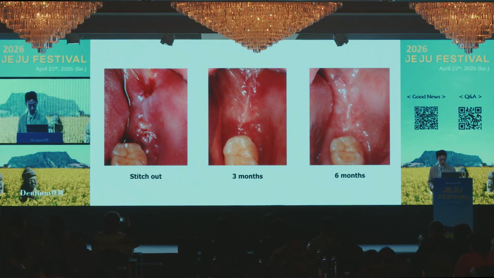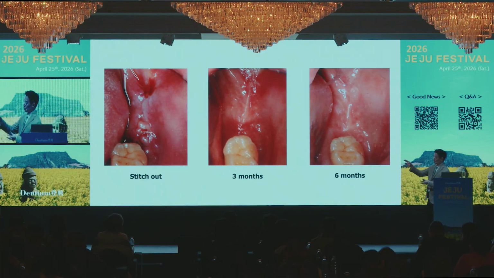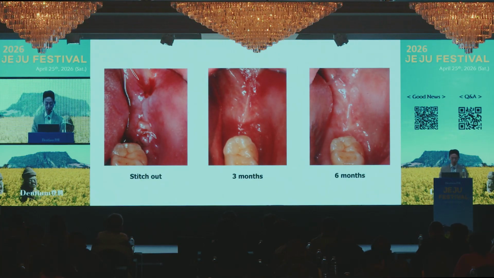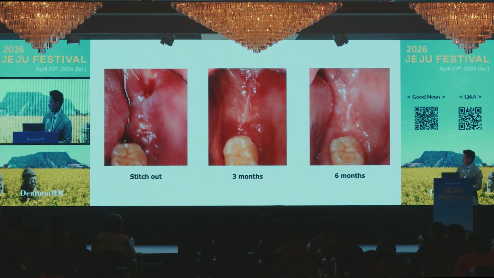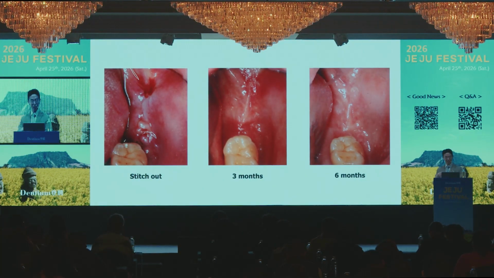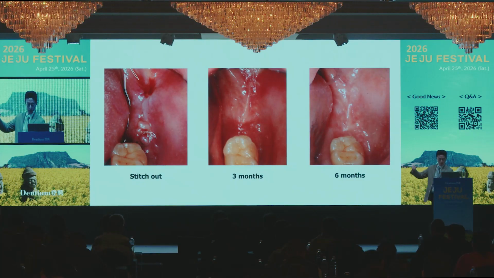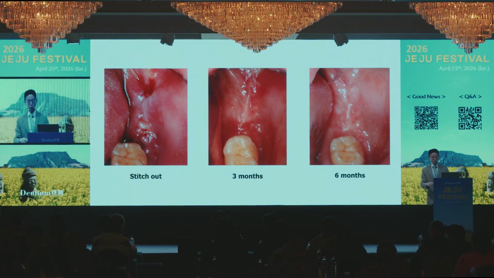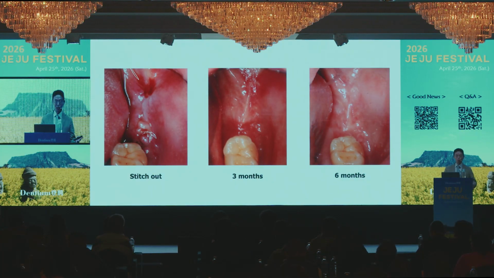The clinical healing was excellent. You can see the site at the time of suture, after 2 weeks, and 3 months later, 6 months later. Despite the high risk of wound dehiscence at the third molar area, there were no specific issues like wound dehiscence and infection at this site.